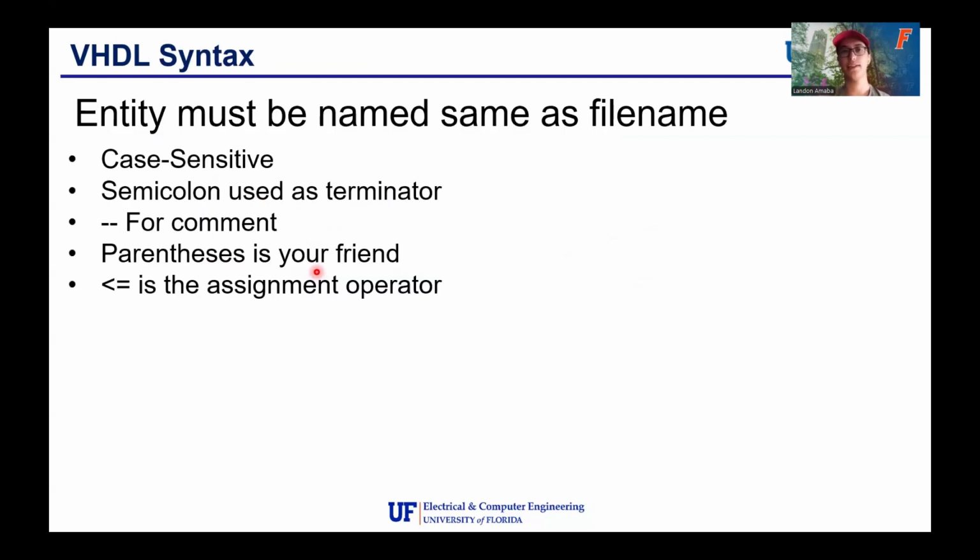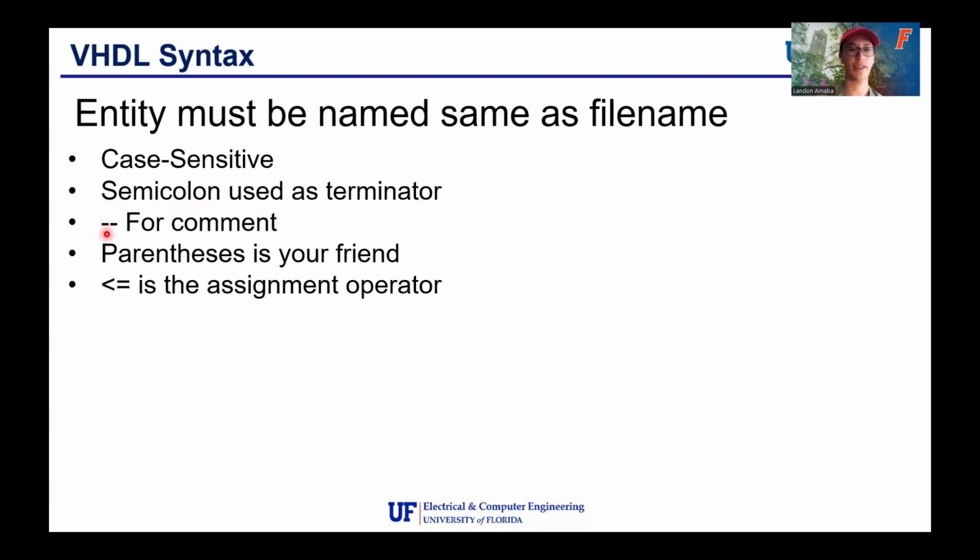In terms of VHDL syntax, it's a little different than some of the other languages. For one, it is case sensitive. So a capital C and a lowercase c are two different variables if you're defining something like that. Similar to languages like C++, we have a semicolon used as a terminator. So this basically is like the period in a sentence.